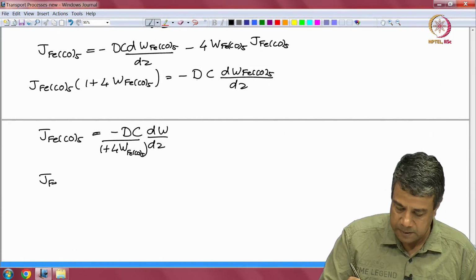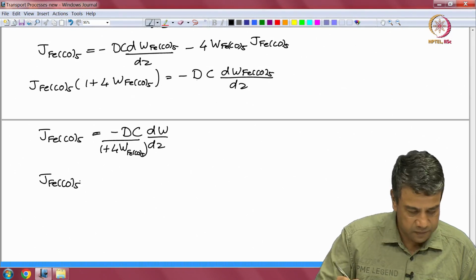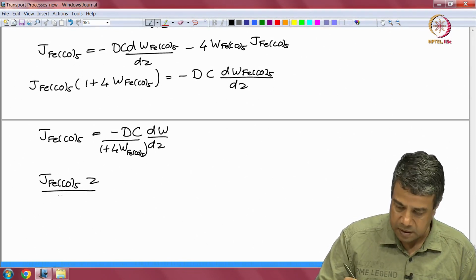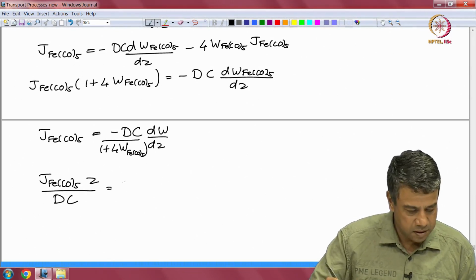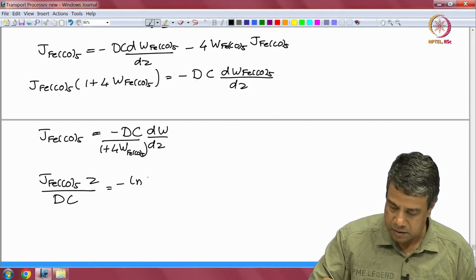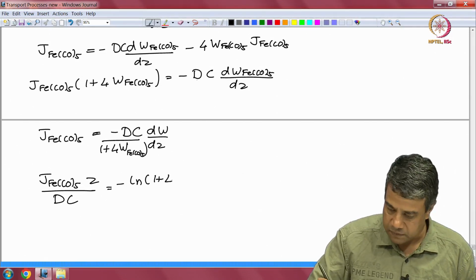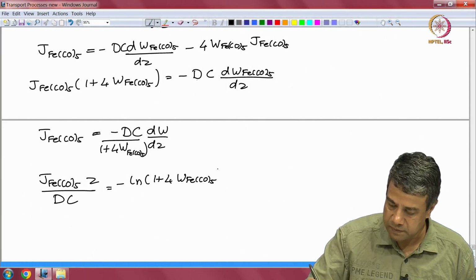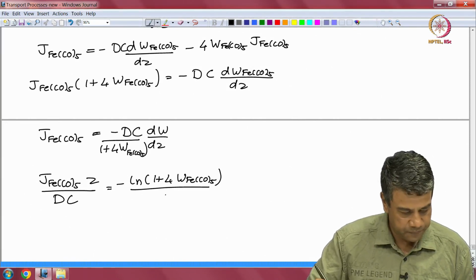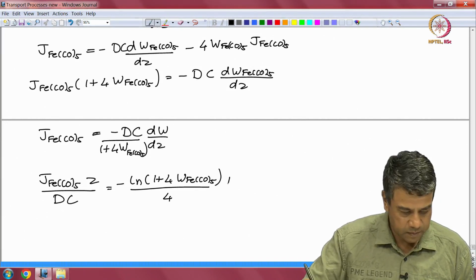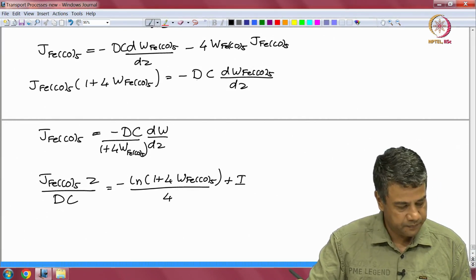J_FeCO5 z by cD is equal to minus ln of (1 plus 4 W_FeCO5) by 4 plus a constant of integration.